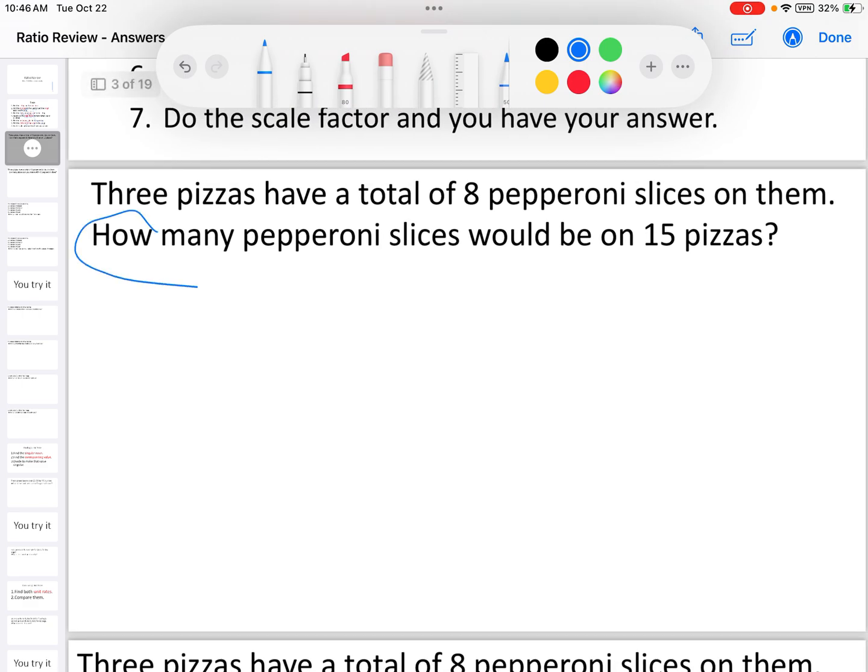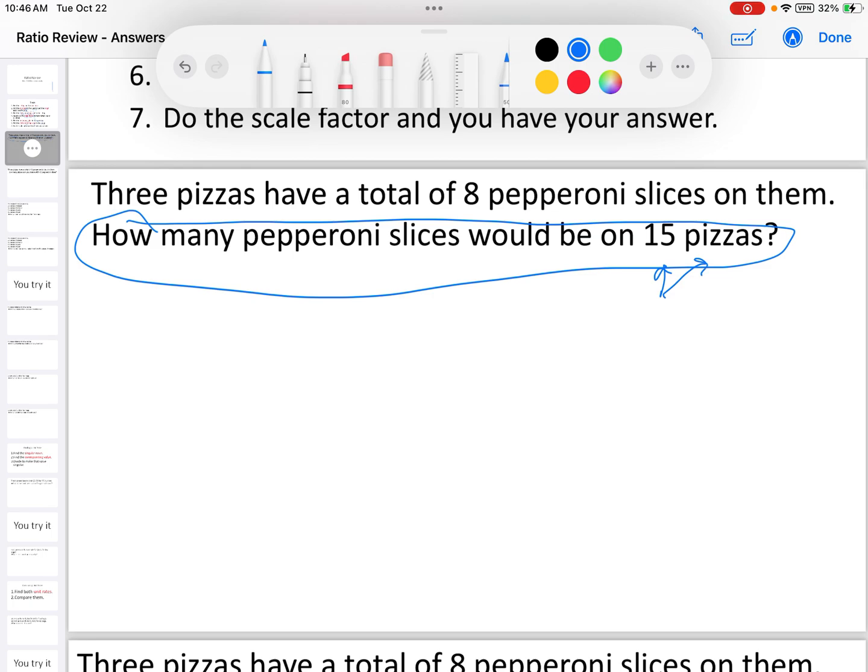The question is, how many pepperoni slices would be on 15 pizzas? There are no numbers in this except for the number 15, and 15 has to do with pizzas. So now we look up here and we find the word pizzas. There's the word pizzas, and that is 3 pizzas.